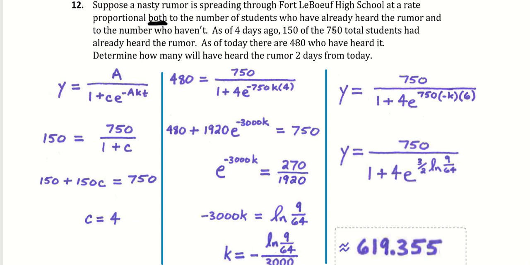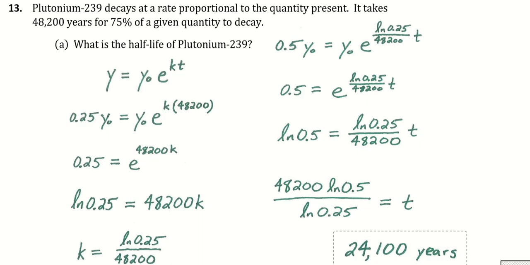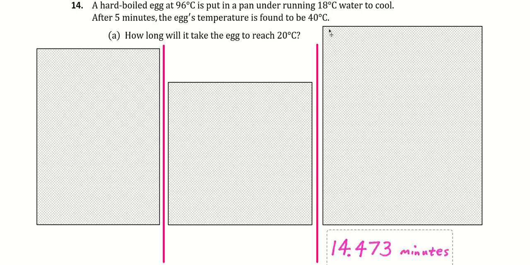So here, the fixed number was that there is 750 total students. Like that number is not changing, the total. It's like the fixed number. Here, that fixed number would be the temperature of the water. Like the egg's temperature is changing. The temperature of the water is fixed.